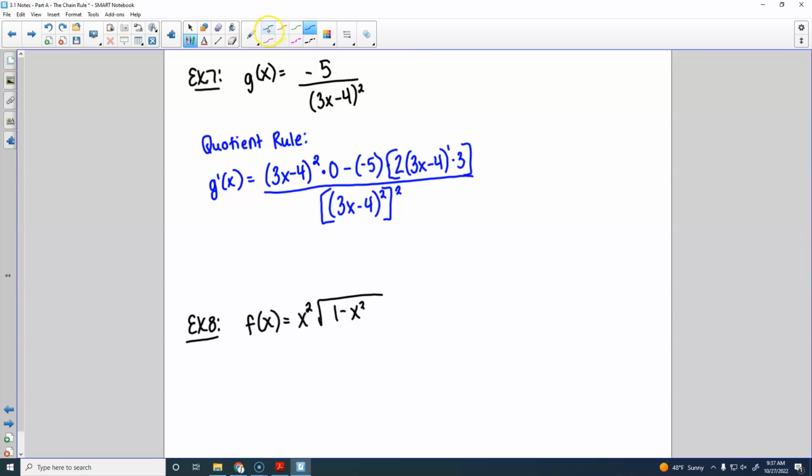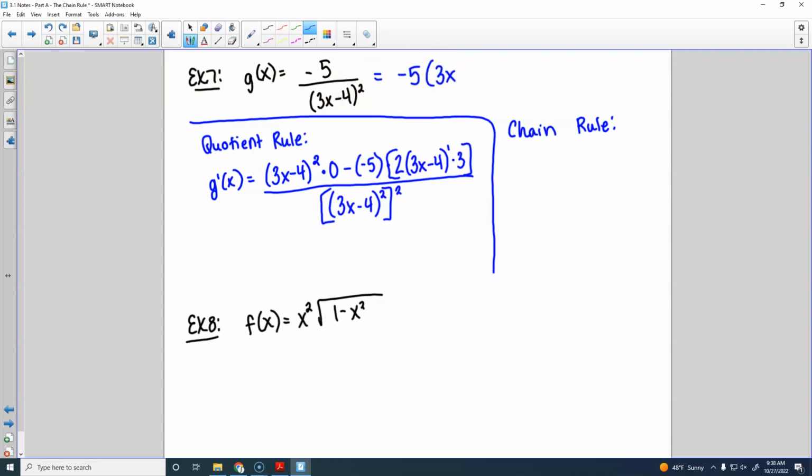Or the better way, so I would do it this way. So let's do it chain rule. Chain rule is much easier to simplify. So instead of writing this as negative 5 over 3x minus 4 squared, let's write it like this. Negative 5 times 3x minus 4 to the negative 2.